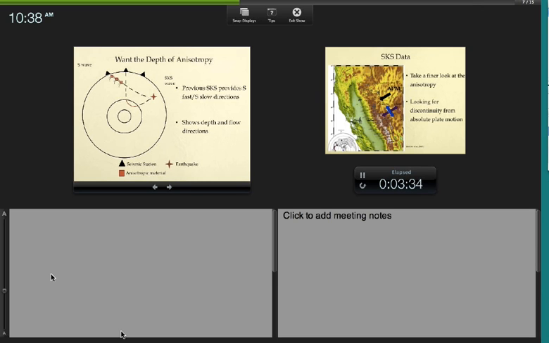Okay, so what we wanted to do partly is look at the depth of anisotropy. There have already been SKS studies done. An SKS wave is an S wave that goes through the mantle, and then once it gets into the outer core, it becomes a P wave, and then once back into the mantle, it becomes an S wave.